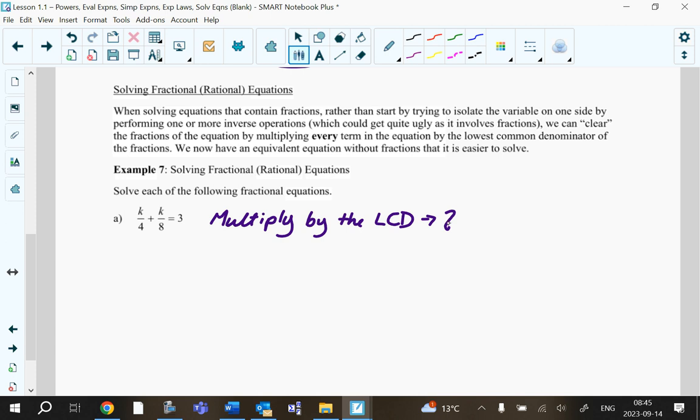And I should put this in here: every term, not just the fraction ones, because whatever you do to one side, you've got to do the exact same thing to the other to keep it balanced. So I'm going to multiply this first fraction by 8, plus the second fraction by 8, and that will equal the 3 on the right-hand side, which I'm also going to multiply by 8.